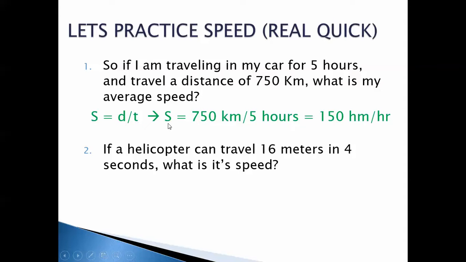S equals, now put in 16 meters for your distance and 4 seconds for your time, and then plug and chug. And you should get an answer that looks like this: speed equals distance divided by time, which is 16 meters divided by 4 seconds, which is 4 meters per second. Easy enough. We'll do lots of practice with calculating speed. You'll see that on your quiz. This should be easy.